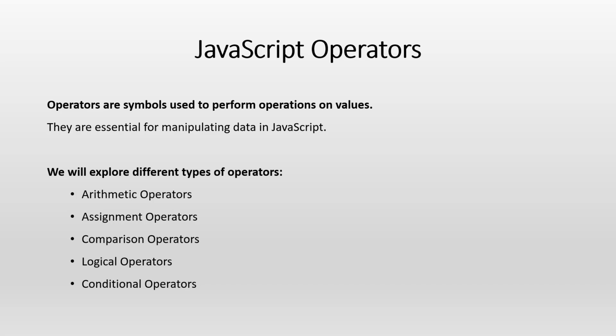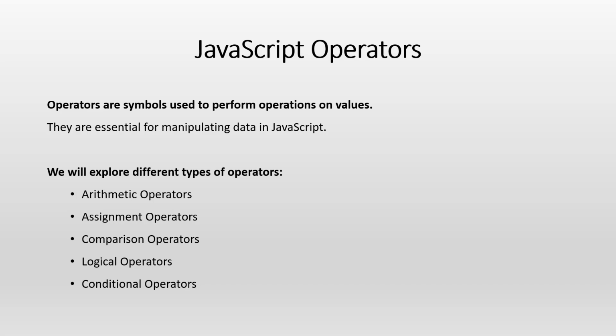So what are these operators? Operators are symbols used to perform operations on values. In mathematics, we use some kind of symbols, right? Plus, minus, slash, root, all those things. There are different kinds of symbols in mathematics, and we need all those symbols.